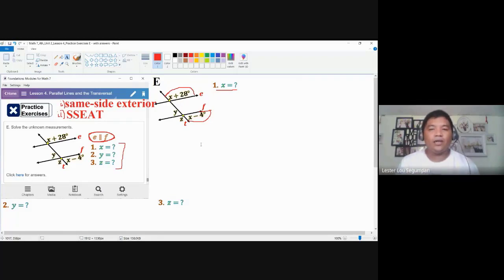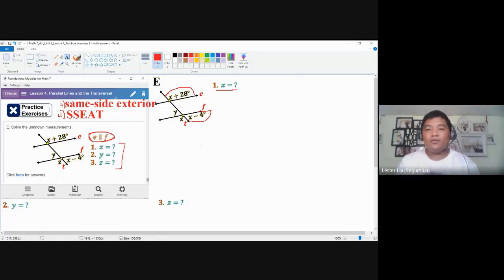And what would that equation be? The same side exterior angle theorem tells us that if a transversal cuts two parallel lines, then the same side exterior angles are supplementary. If we say supplementary, the sum of their measurements yields 180 degrees.